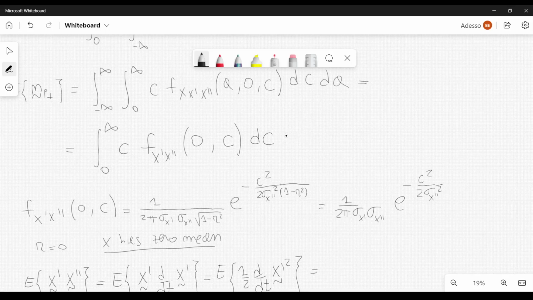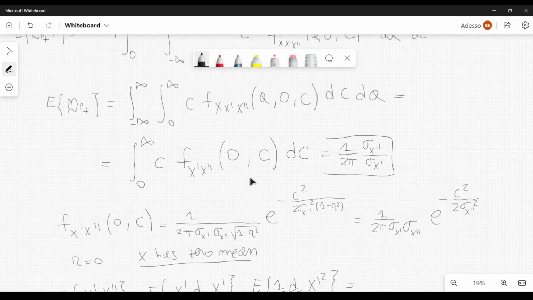And the integration is quite simple, quite easy to carry out. And what you will get is simply 1 over 2 pi sigma x double prime divided by sigma x prime. And this is the result that we obtain.